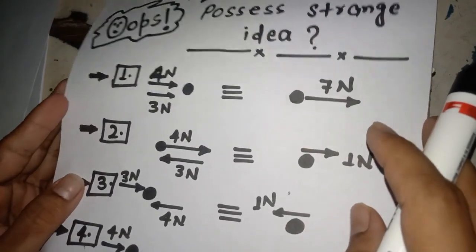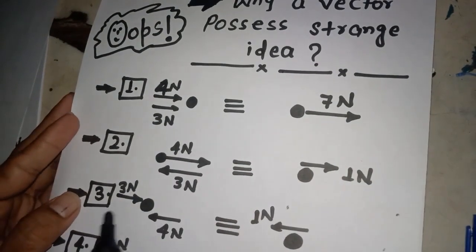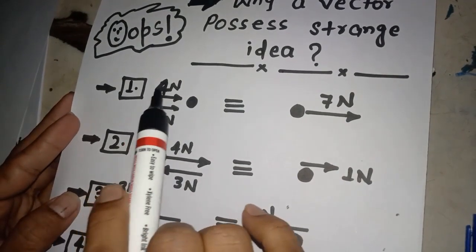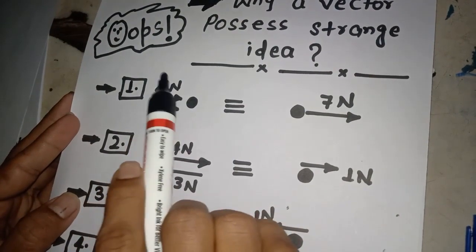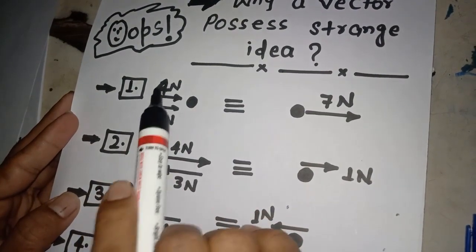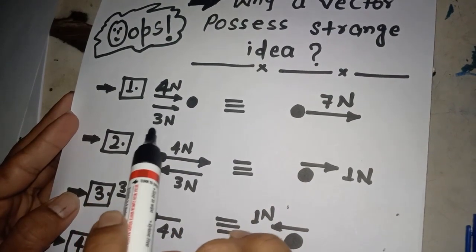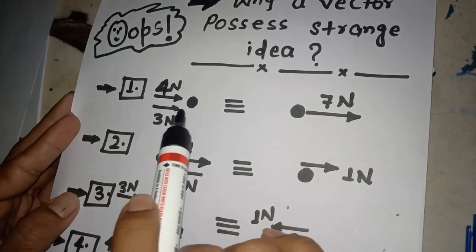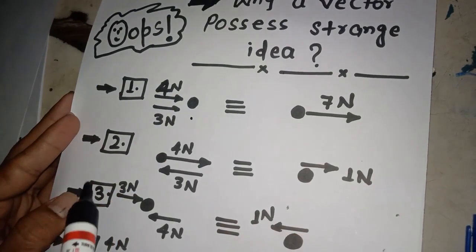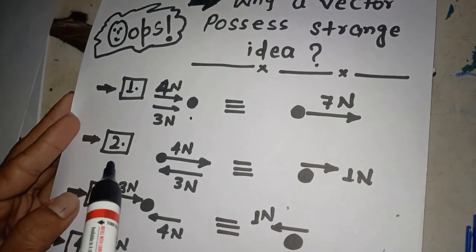Why? When we take two vector quantities, I am taking here force, its value is 4 here and its value is 3 here. Two forces are acted by two players on a football at the same time.